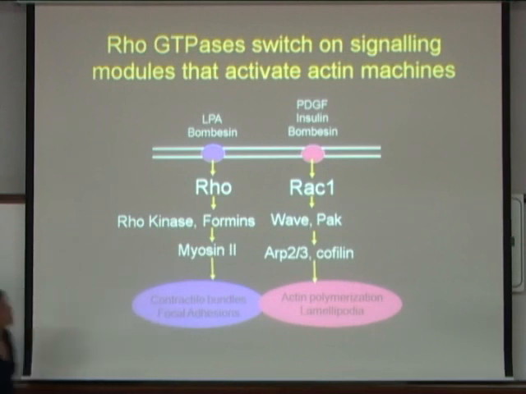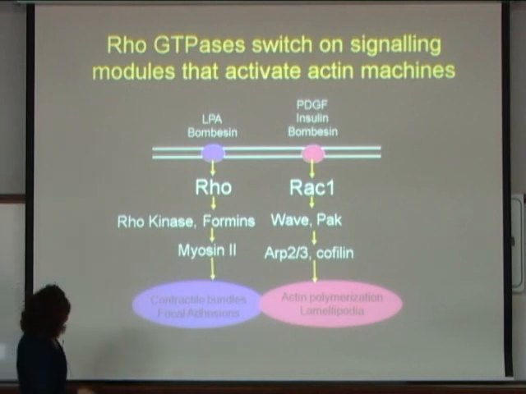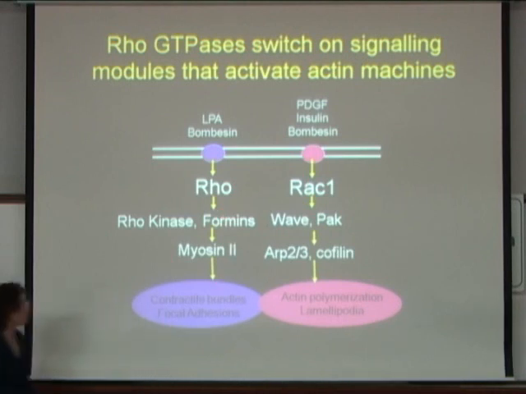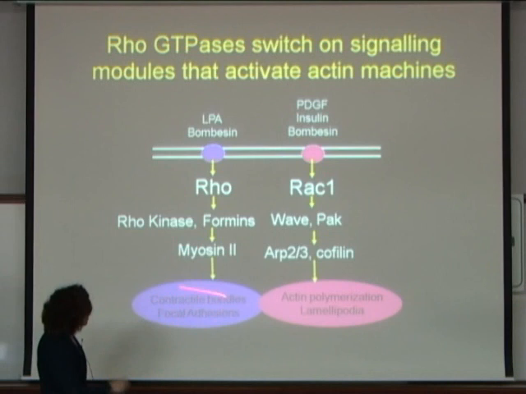Okay, so Rho GTPase is a member of a GTPase signal transduction protein family called the Rho family. And these GTPases, when they bind GTP and hydrolyze it, this activates their ability to interact with other proteins. In particular, Rho interacts with proteins that polymerize actin bundles and activate the myosin motor, myosin 2, to generate contractile actin bundles.